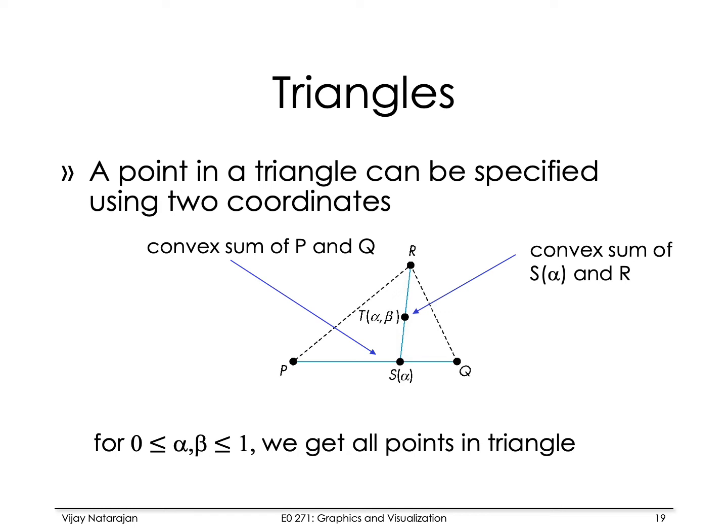S is a convex sum of P and Q that is given by a parameter alpha. T is a point on the line joining S of alpha and R, and it is defined by a second parameter beta. So given two parameters alpha and beta, which lie between 0 and 1, we can define any point that lies inside the triangle PQR. So what we have done so far is to use convex sums to define triangles. In the same way, of course, convex sums can be used to define line segments.